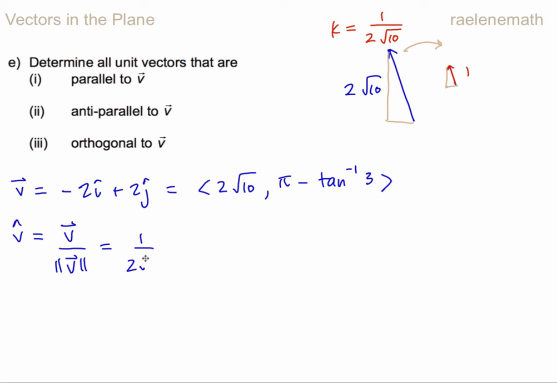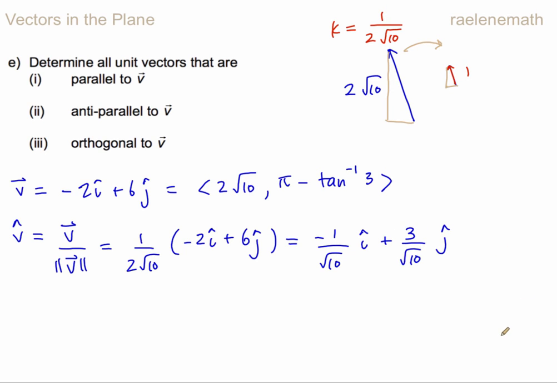So we are going to take this scale factor and multiply it by both the horizontal and vertical components. This should say 6 here. And when we do that, we get -2 over 2 square root 10, which will be -1 over the square root of 10 i hat, and then 6 and the 2 reduce to give us +3 over the square root of 10 j hat.